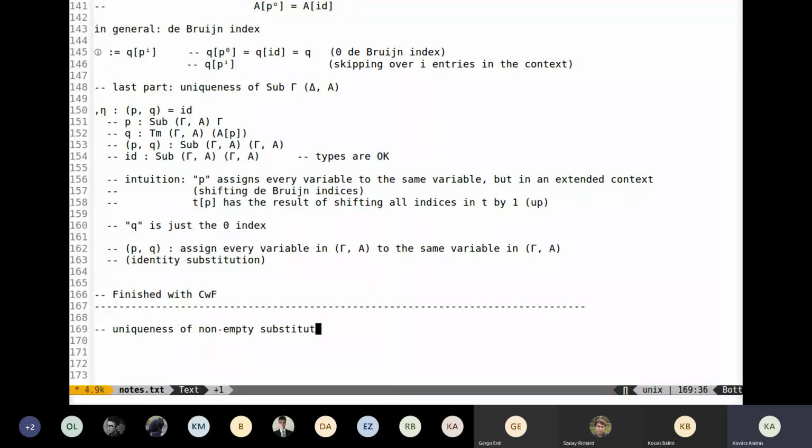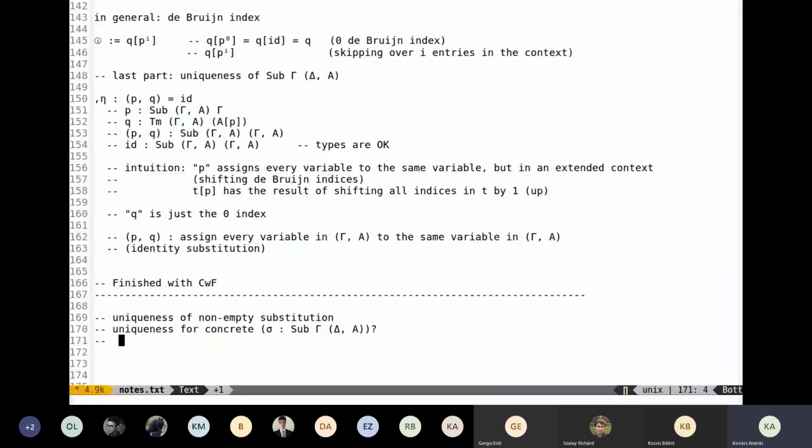So, uniqueness of non-empty substitution. We had this rule, but this rule is kind of abstract. Usually we want to have some uniqueness for some arbitrary sigma, which goes from gamma to delta A. So what is the uniqueness rule for a concrete sigma substitution? The uniqueness rule should say that sigma is actually non-empty.